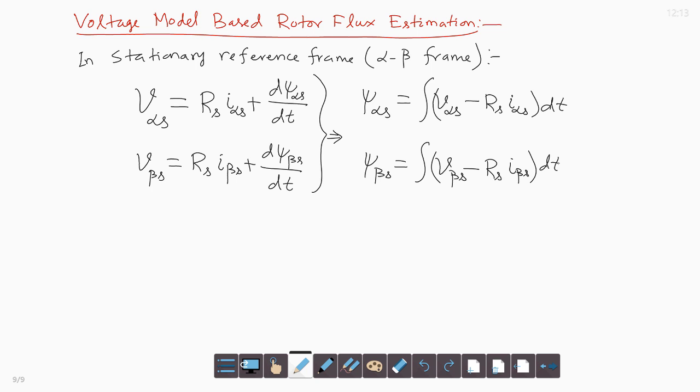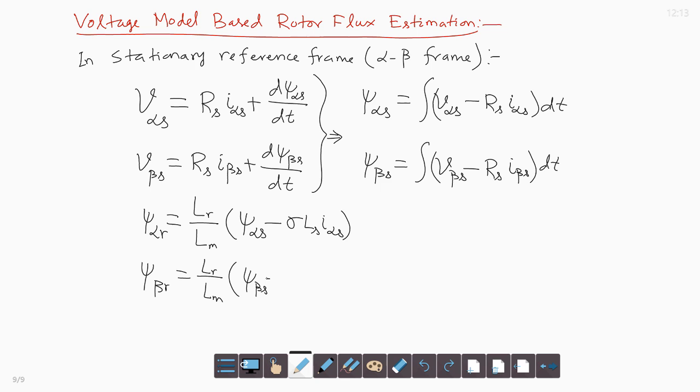From these equations, you can derive that the rotor flux psi alpha r equals L r by L m into psi alpha s minus sigma L s I alpha s, and the rotor flux component psi beta r is L r by L m into psi beta s minus sigma L s I beta s.